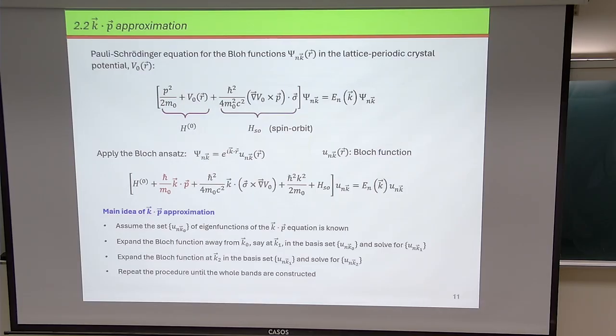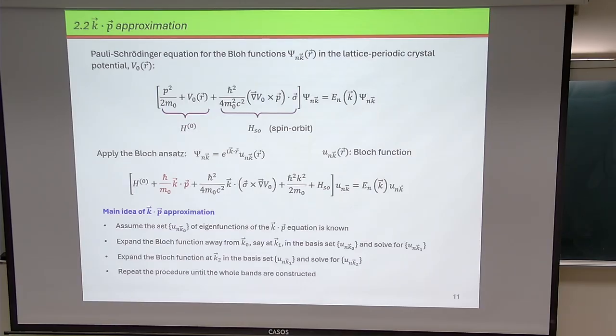Now, what is the main idea of the k dot p approximation? You choose a k point, whatever k you want. But you need to know what these functions are for this point. So you assume that at such a point you know what the periodic part of the Bloch functions looks like, and then you use these states as a basis.